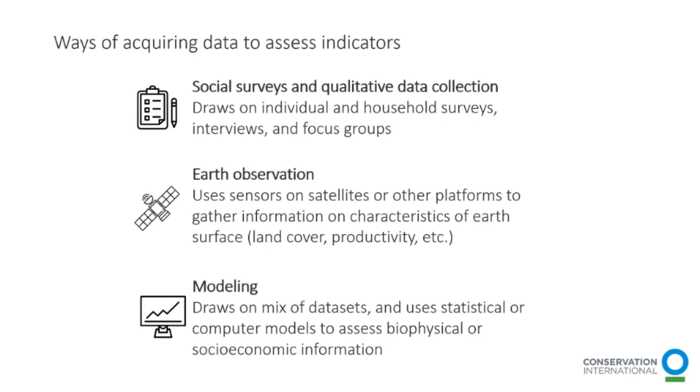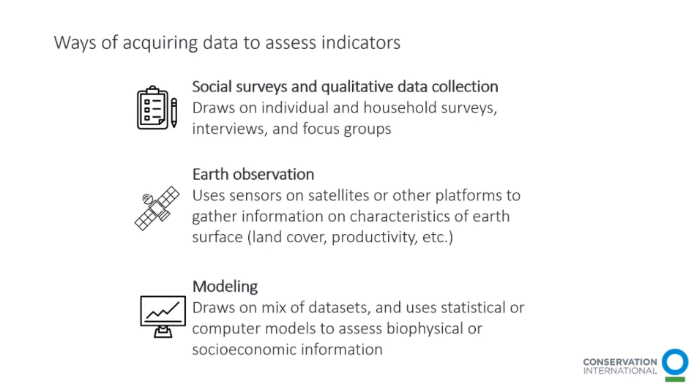So the little clipboard and pencil indicates where social surveys and qualitative data collection are likely to be the most fruitful. This, of course, is anything that could draw on individual and household surveys, on interviews, on focus groups, for example. The little satellite icon indicates those indicators in which Earth observation data might be most useful.